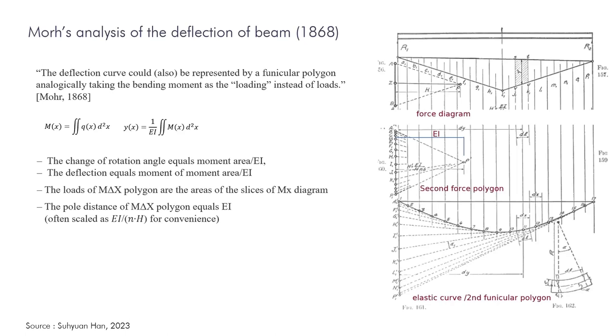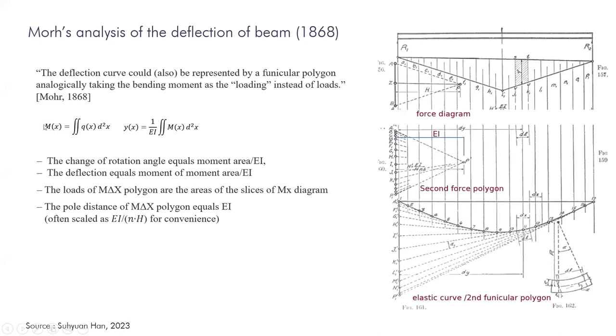We know from the work of Otto Mohr in 1868 that you can find the deformation of a beam by integrating the bending diagram. To get the bending diagram, you need a double mathematical integral of the loadings, and it provides you the bending of forces.